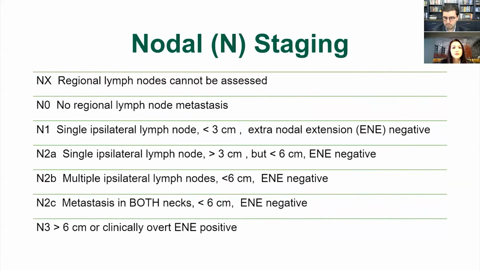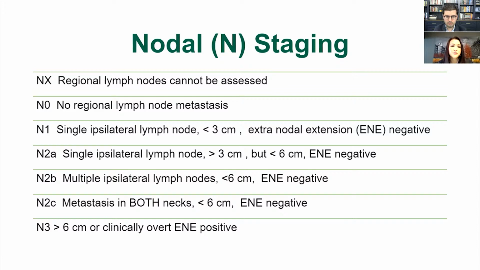Some pretty basic nodal staging in head and neck cancer. NX means that clinically we cannot assess whether the patient has lymph nodes or not. This would be revealed when we order new imaging. N0 neck is no distant disease in the head neck area. And then moving on to N1, just a single lymph node, usually less than 3 centimeters in size, contained to the lymph node itself without any extension into the surrounding tissue. N2A, another single lymph node, greater than 3, but less than 6, also without any extension into the surrounding tissue.